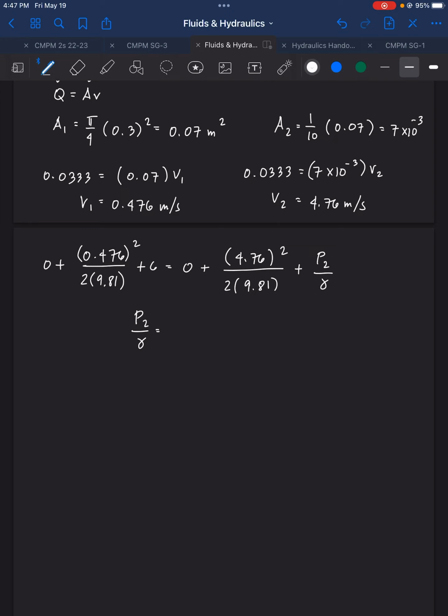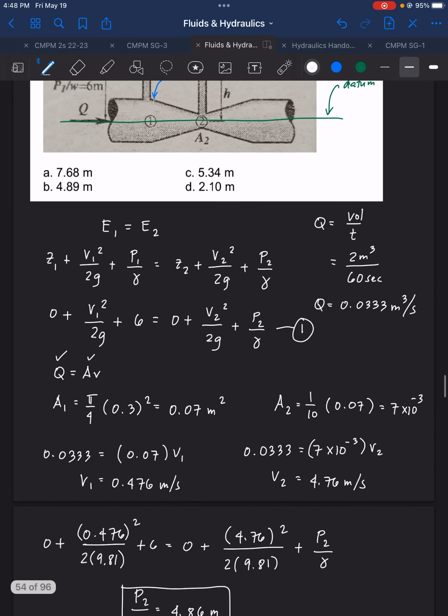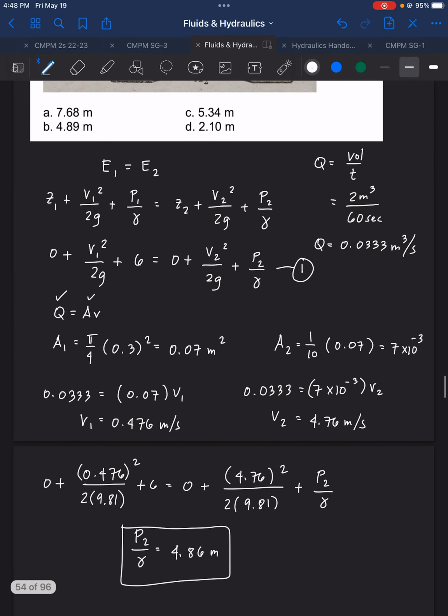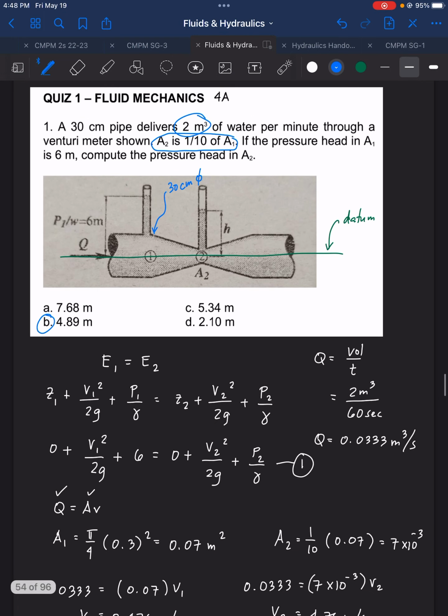That is 4.86 meters. From the choices, the nearest to this answer is letter B. So the answer here is letter B. That's for number 1.